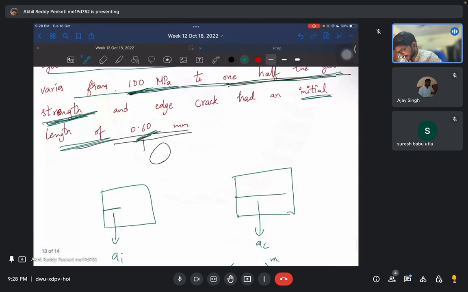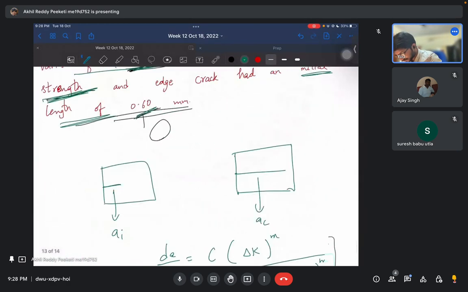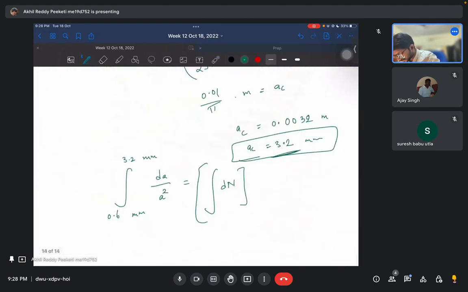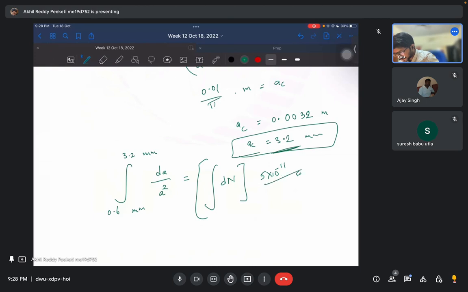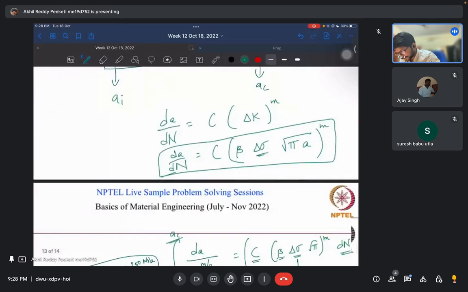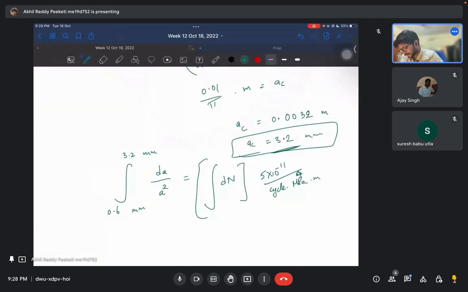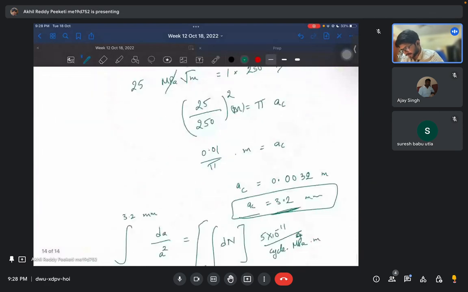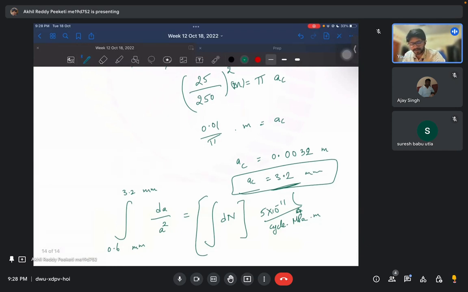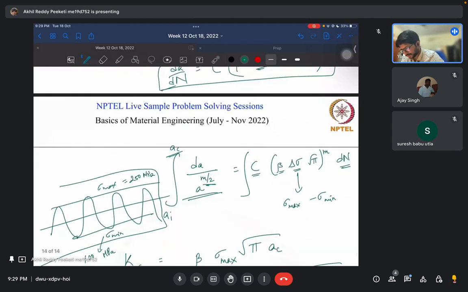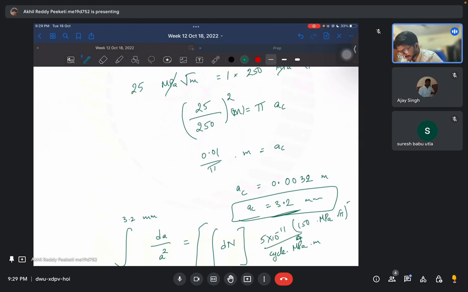C is 5 into 10 power minus 11 per cycle, MPa power minus 4, and then beta we are taking 1, and delta sigma as 250 minus 100, so 150 MPa, and then root pi, whole power m, which is 4.